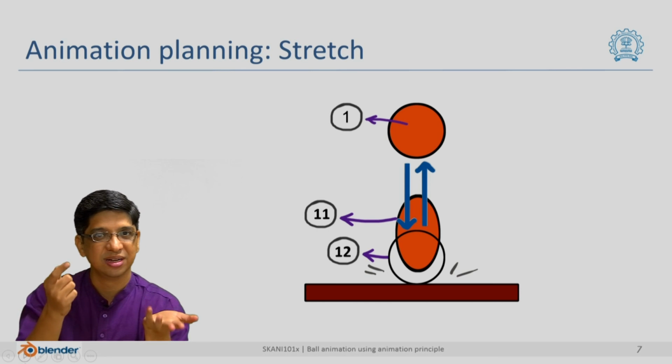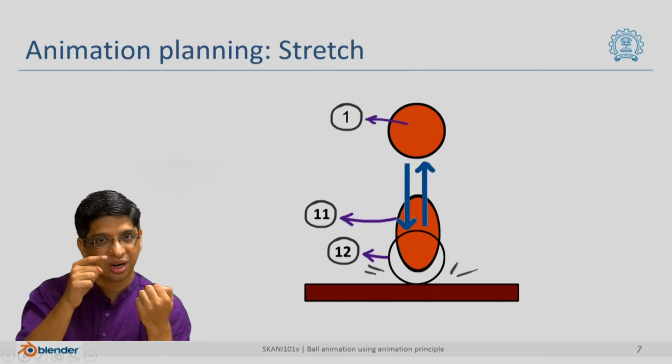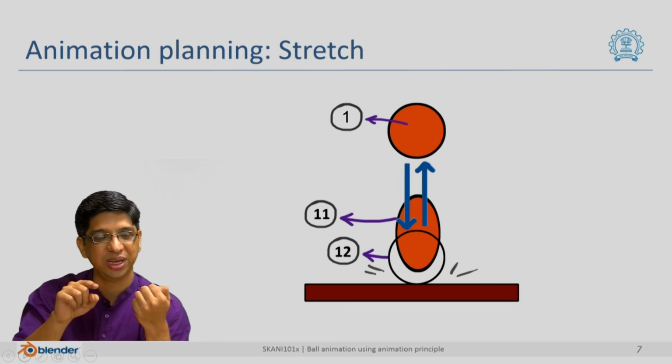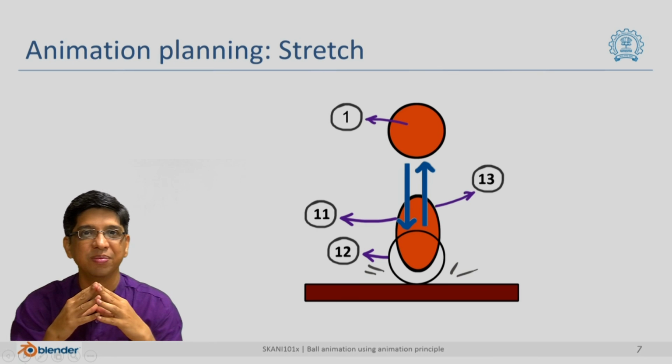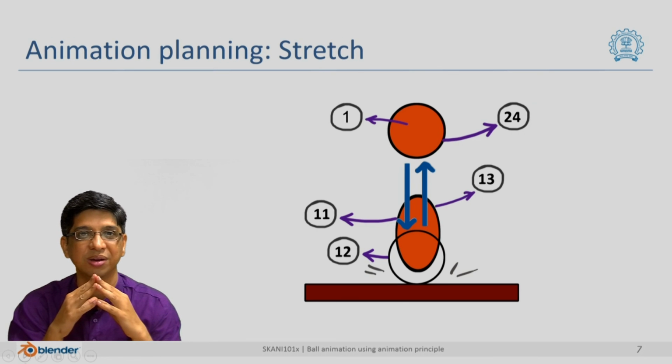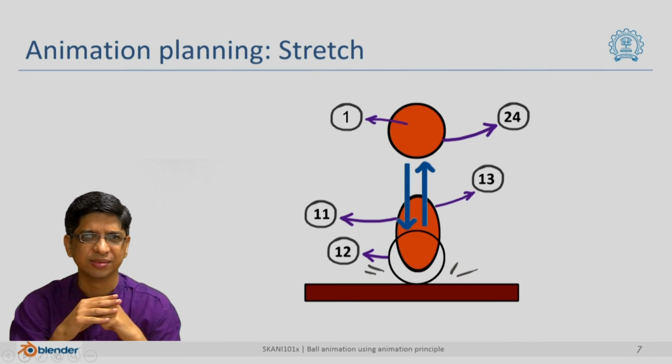Frame number 12 is the key position already and we know about it. Continuing with the stretch, key frame number 13 would be position number 4, where it will stretch again, and finally when it reaches the top, it would be key frame number 24, which is as earlier, no change in that.